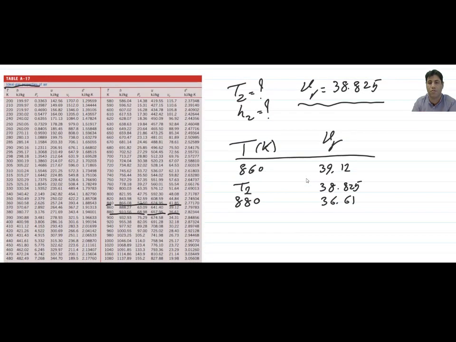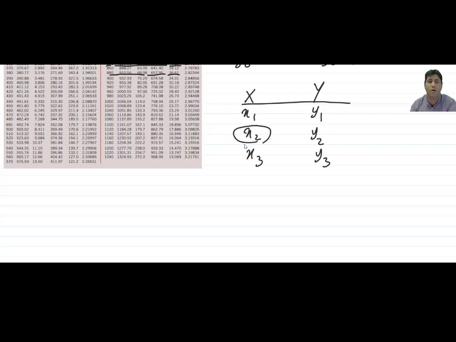Now let's see how we can use this information. Generally, to do interpolation, we can have this general procedure. We need to make a table of x and y's: x1, x2, x3, for example, y1, y2, y3. Then to write the equation, imagine in this table x2 is our unknown.